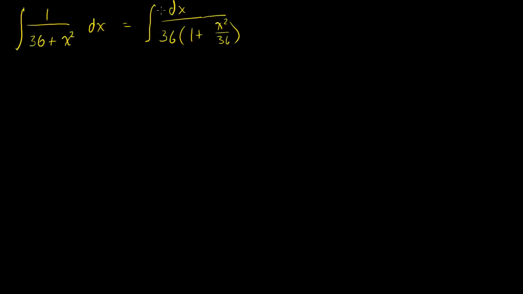Now let's see if any of our trig identities can be substituted in here to simplify the problem. The one that springs to mind, and if you don't know this already, I'll write it down, is 1 plus tangent squared of theta. And let's prove this one.